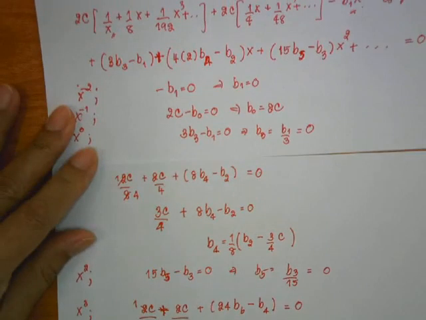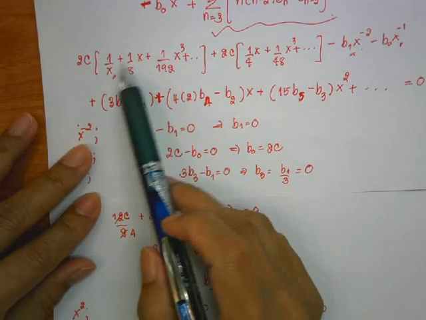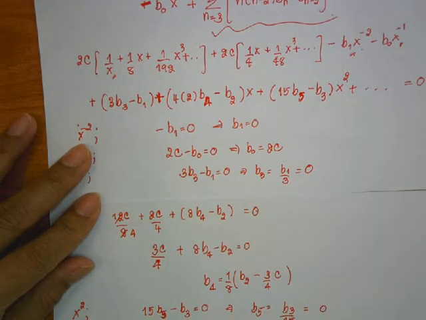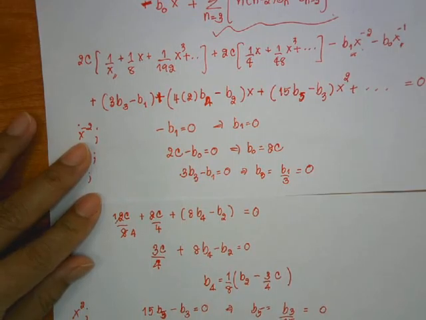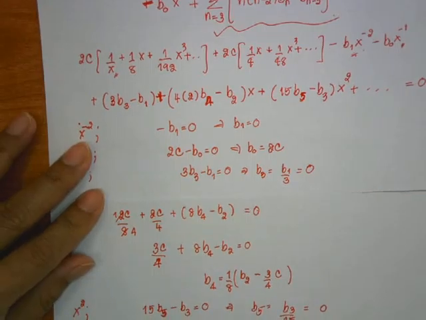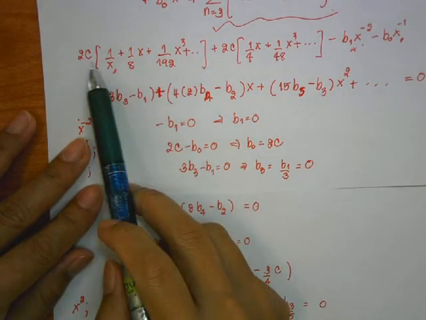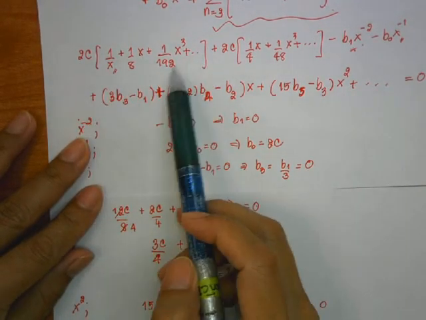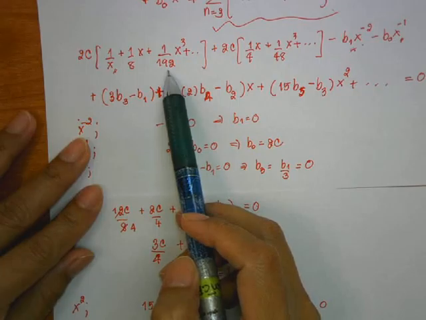Now the term of x to the power 3. We do it until we can see the sequence of it. Like, b2 is a function of what? b0 is a function of what? b1 is a function of what? Something like that. Now we do x to the power 3. We get 2c divided by 192.